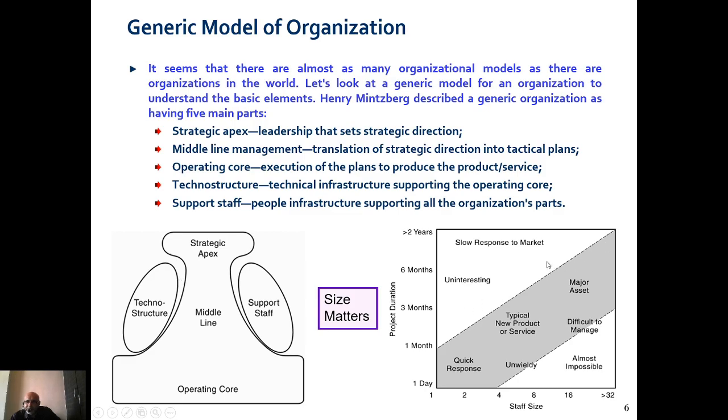With 8 people you cannot manage it. With 16 or more, almost impossible in one day or 1 month. In 3 months, difficult to manage. In 6 months, it will be finding out major assets.